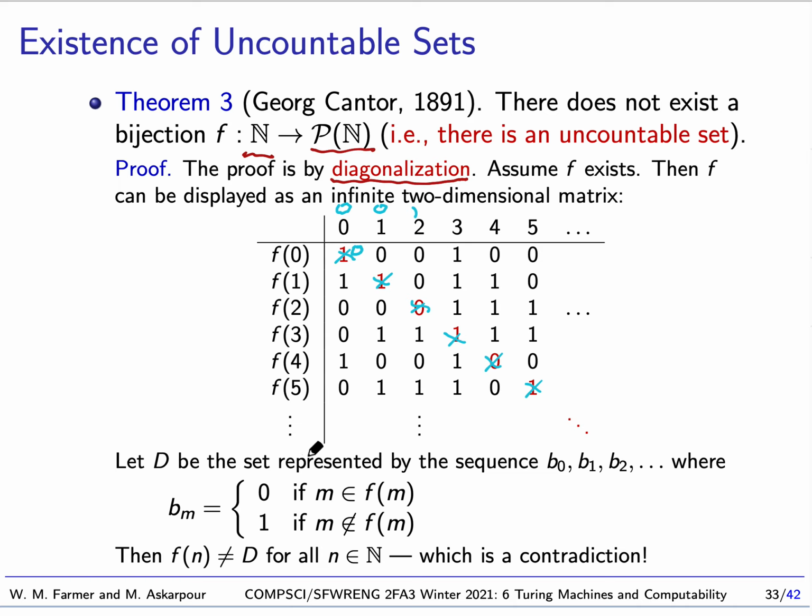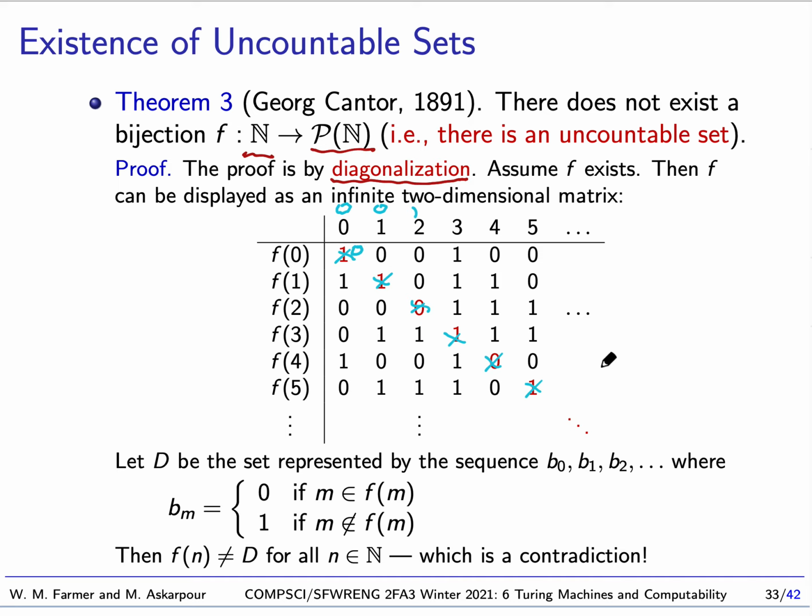There can be no such f, because if there is such an f, we can construct a set, which we'll call the diagonal set, and this set cannot possibly be in our matrix. So this is a contradiction, therefore there is no possible bijection, therefore P of N, the power set of N, the set of subsets of N, is uncountable. Okay, so this is a really important result.